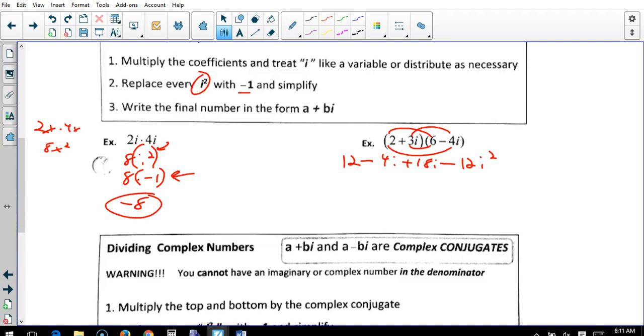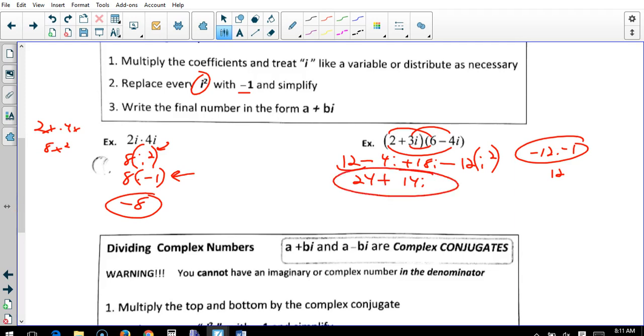So in the middle, we have 18i minus 4i, which is 14i. Then we have a negative 12i squared, and that i squared is really negative 1. Negative 12 times negative 1 is going to make this positive 12. So we're really adding 12 plus 12, that's going to be 24. Remember, we want to put the a in front of the bi.